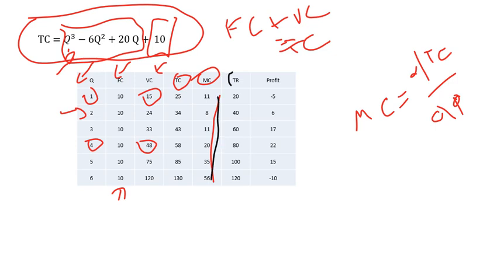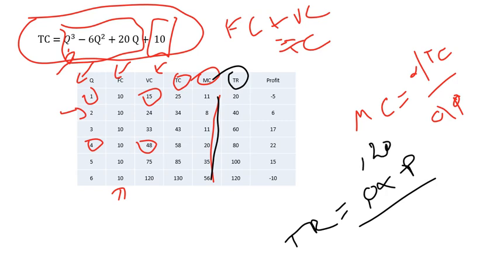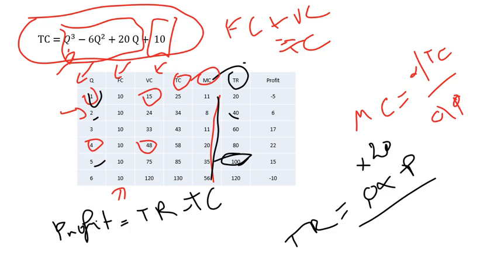Then we have total revenue, which is Q times P. P is 20, it is constant, times Q, so 20 times 1, and here it is 20 times 2. Here, for example, 20 times 5, we will get 100. Then profit is simply the total revenue minus the total cost. This minus this.